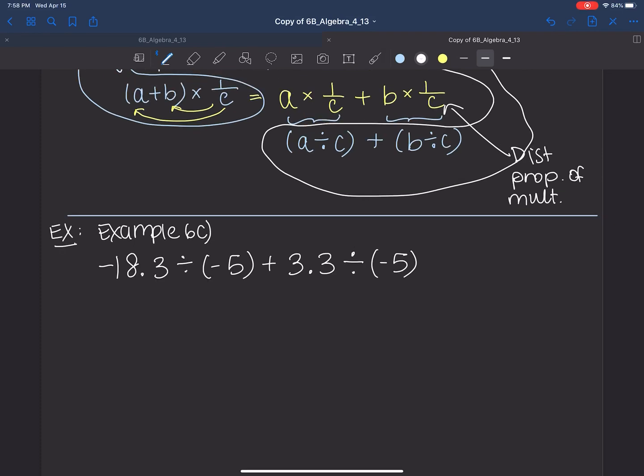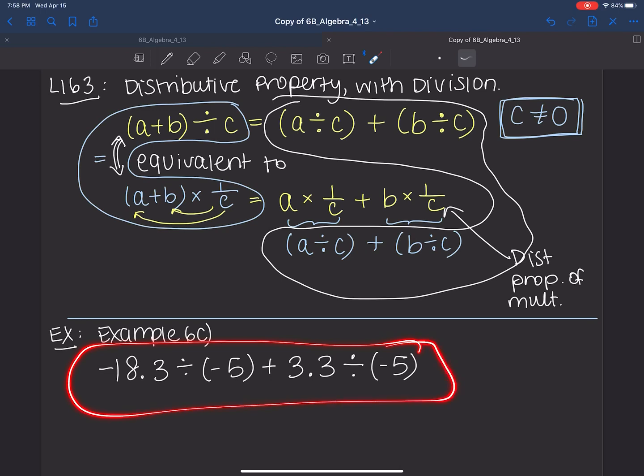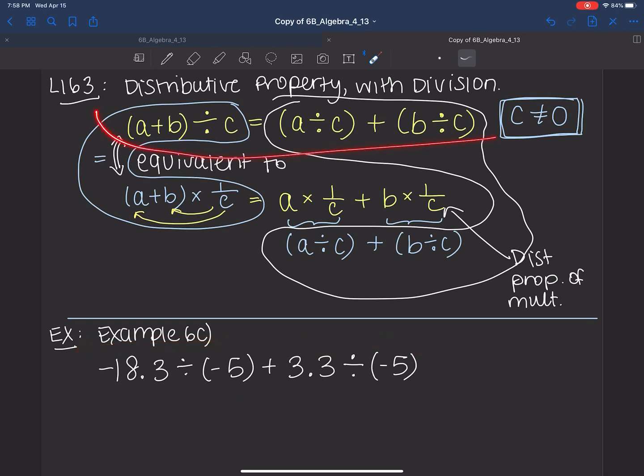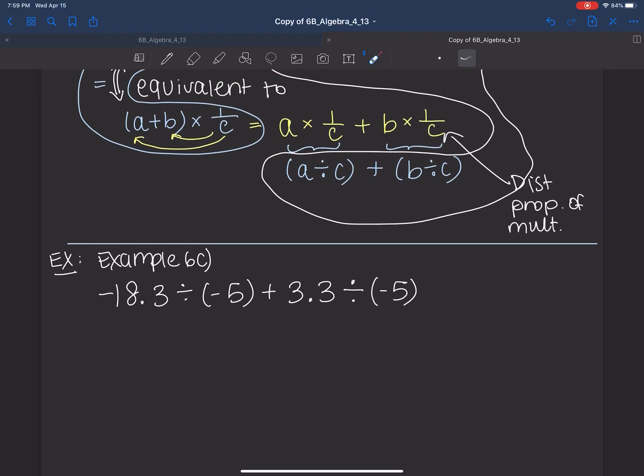Okay, so I'm going to look at the expression that I'm supposed to simplify here and look at my distributive property with division. And it turns out that my expression matches up a lot more with this right-hand side than it does with the left-hand side, because there's a plus joining two separate divisions. And this is telling us we want to apply the distributive property from right to left. We want to rewrite our expression so it looks like something from the left.